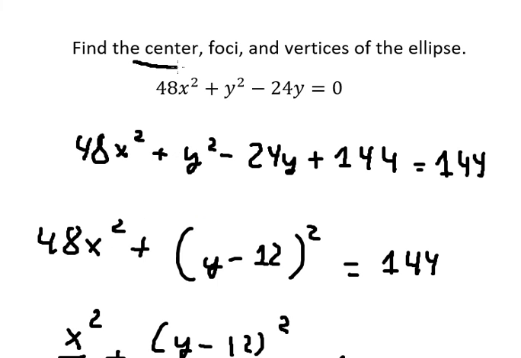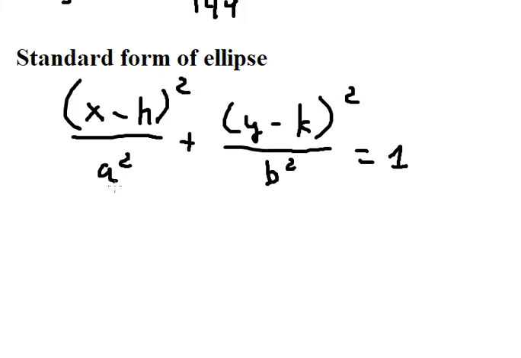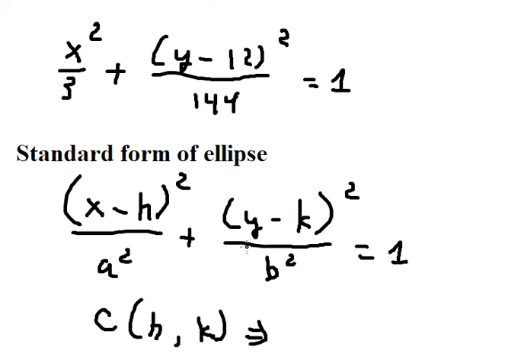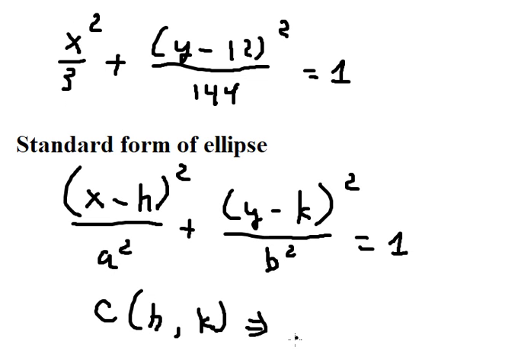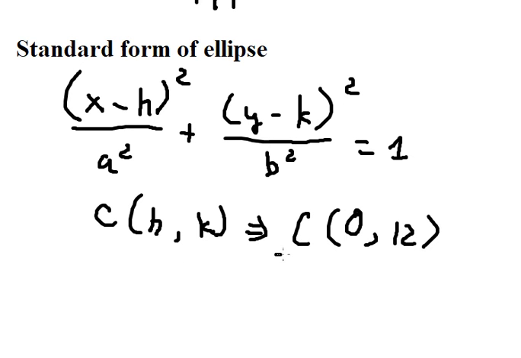The first one, we need to find the center. The center, that is about hk. So compared to this equation, we can see that we don't have h. That means h equals number 0. K, that is about number 12. And this is the first one.